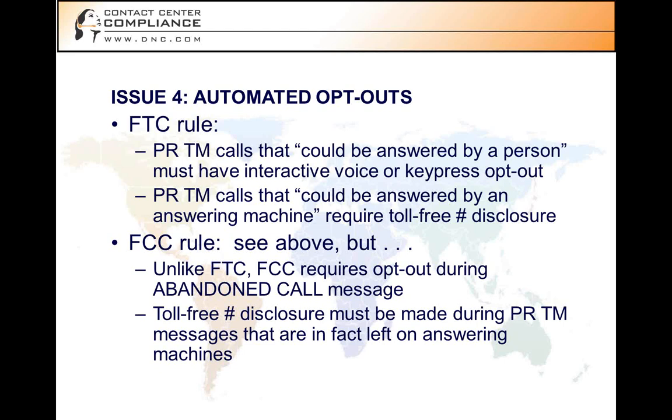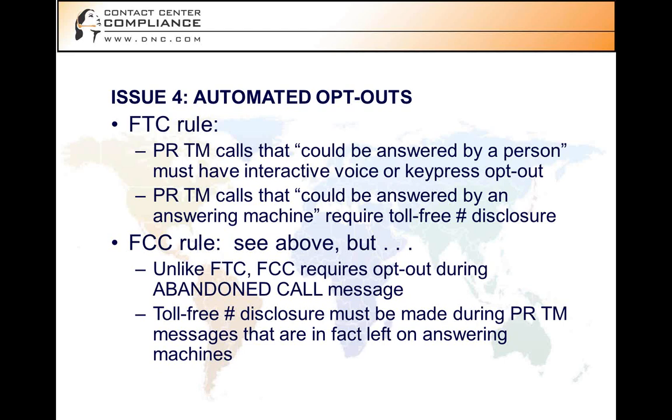And then pre-recorded telemarketing calls that could be answered by an answering machine require a disclosure of a toll-free number. And I'm emphasizing the could be answered part because it's impossible to tell at the instant right before the phone call is picked up whether it's going to be answered by a person or whether it's going to be answered by an answering machine.